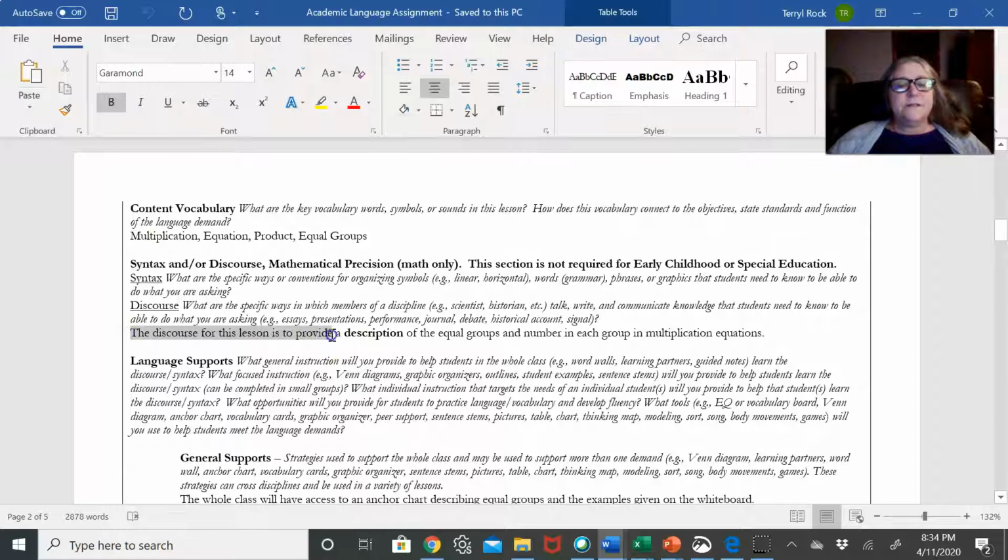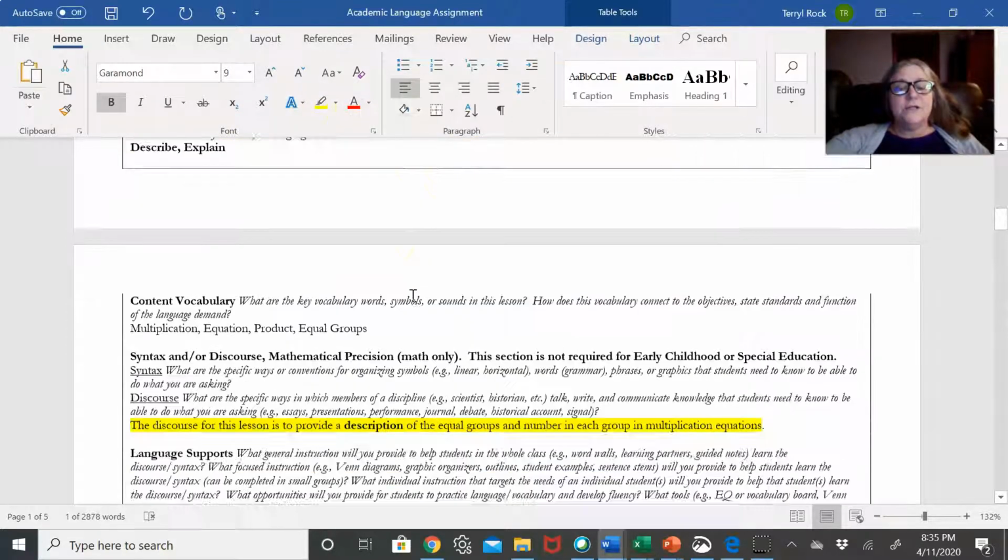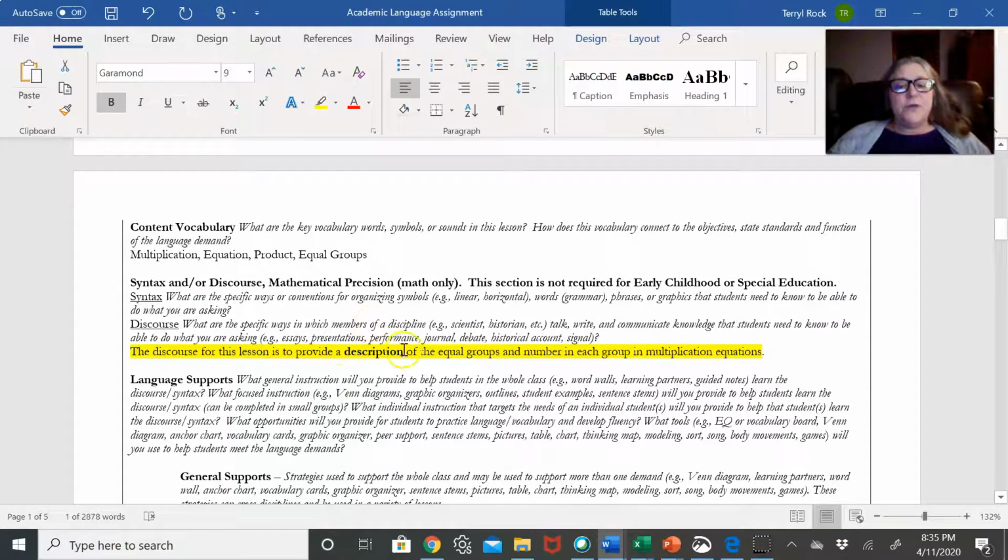So we've got this, and it matches with this. It's clear from here that we're talking about language, and describe is also something you would do with language. A description is something you would do with language.